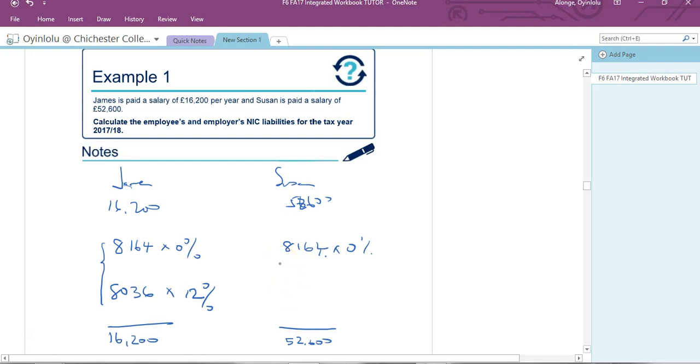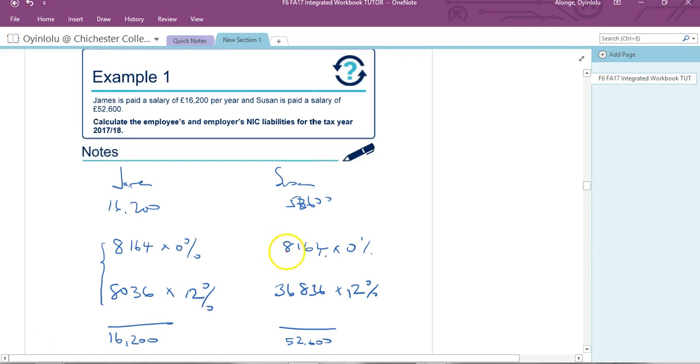I know we saw that already. 45,000 minus 8,164 is 36,836. Remember this. Over time, you start remembering. 36,836 gets taxed at 12%. I should change my pen color here. Make that red. That bit's done. It's this bit now that we still have.